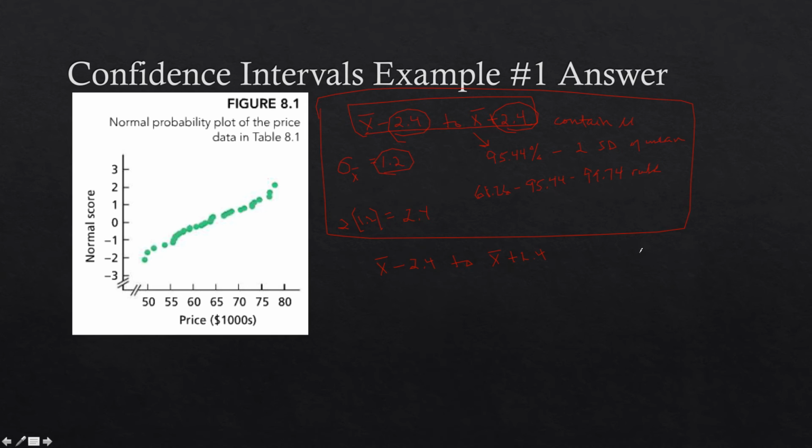Now we found the sample mean back in our very first part. So we can easily find our confidence interval now. Now that we know that this is true, this is the interval, we can substitute our sample mean in here, just like so. And we will very easily be able to figure out our confidence interval.